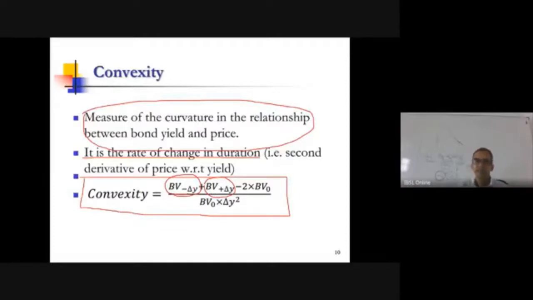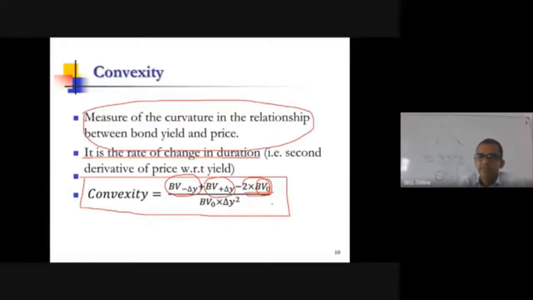When we calculated the duration, there was a negative sign here, but in the convexity we add them together and subtract 2 times the original price of the bond.